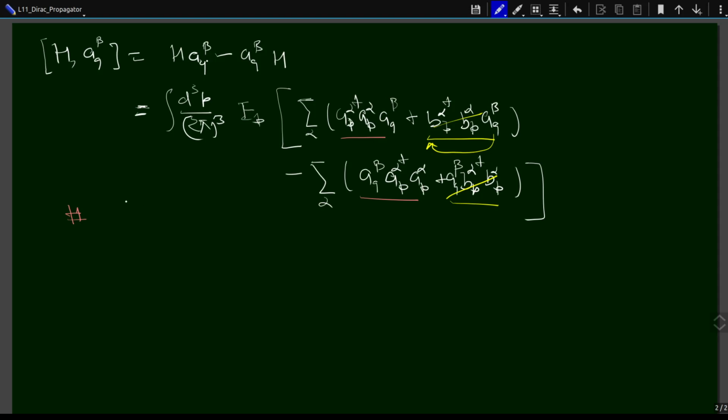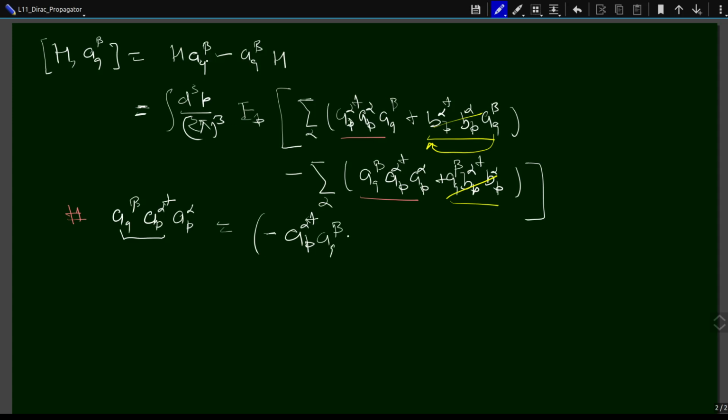So let me just say what I want to do: a_q^beta a_p^alpha dagger a_p^alpha. Just focus on this term, and using the anti-commutator I can write this as, with a minus term, a_p^alpha dagger a_q^beta.